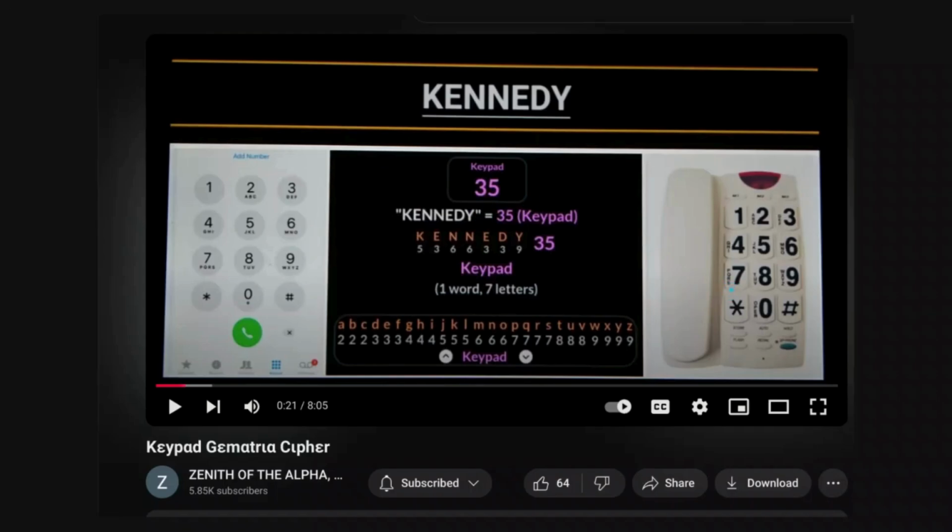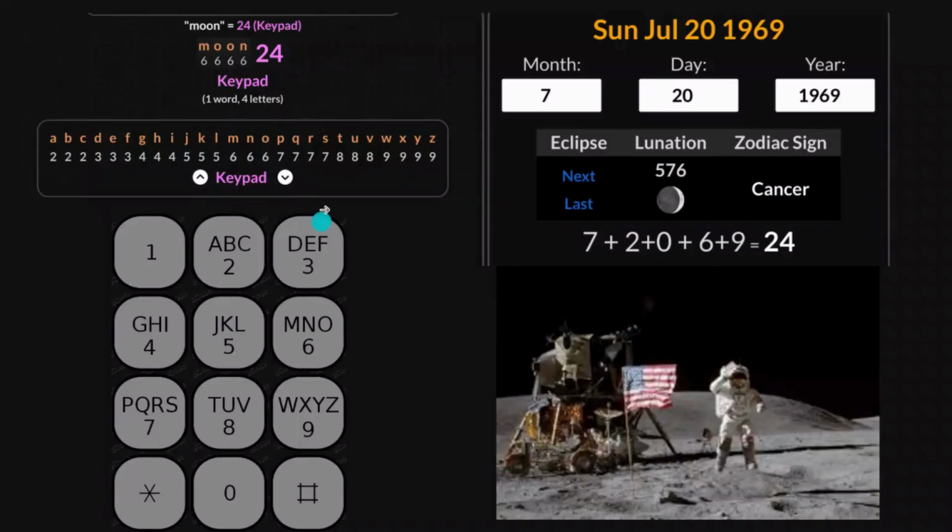Well, in the Keypad Cipher, if you wanted to type out the word moon, you would have to hit only one button. And I think there's not many words in which you can spell a whole word with one button on the keypad. But moon is one of them. And you would have to hit the number 6 four times.